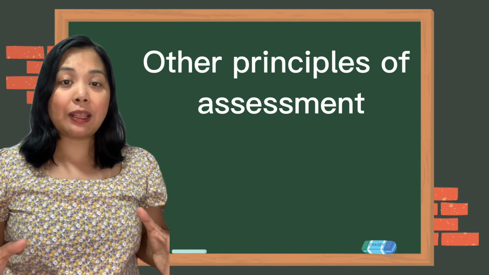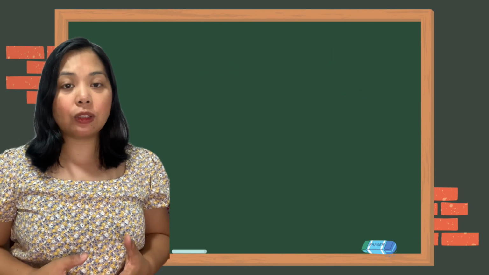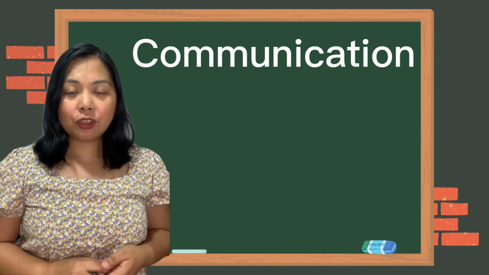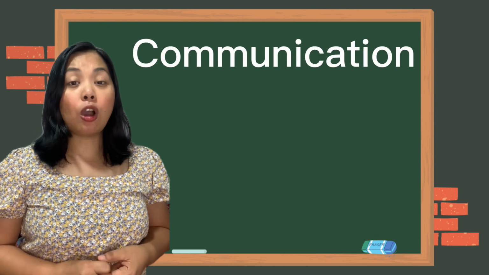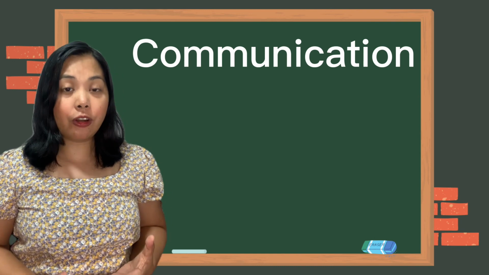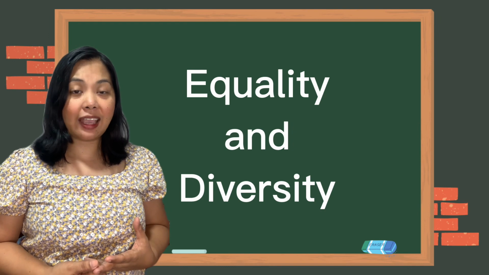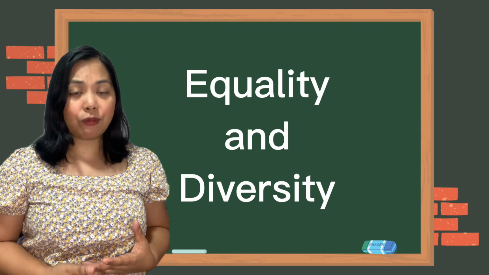There are also other principles that teachers should abide by when conducting assessment. 1. Communication. We must communicate regularly with the learners by providing feedback on how they are progressing. Next is equality and diversity.